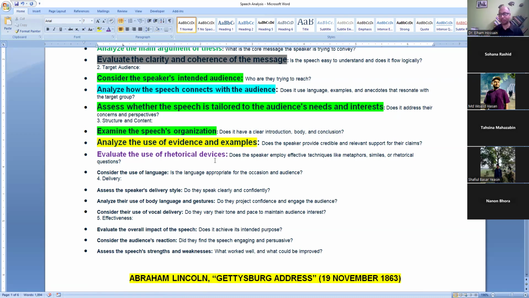As you know, speech is just like mathematics. It is mathematically planned and constructed. So if you can apply this particular knowledge in your delivery, then it will sound rhetorical.